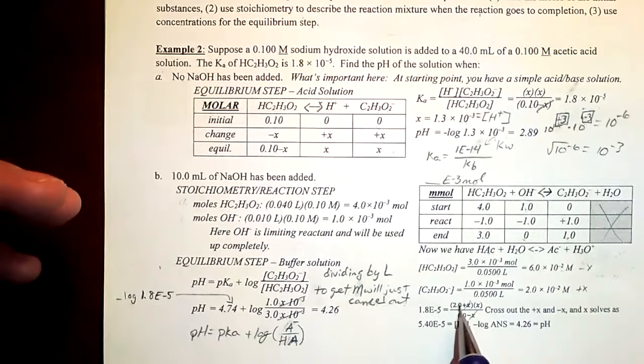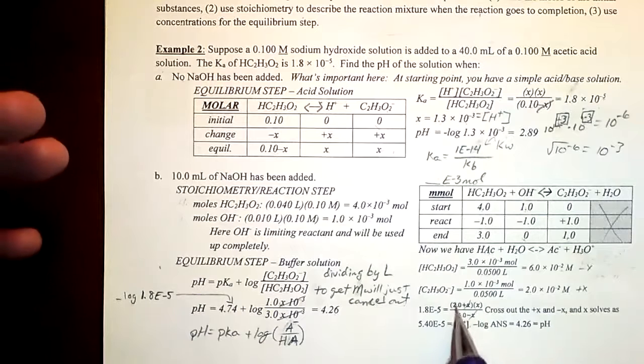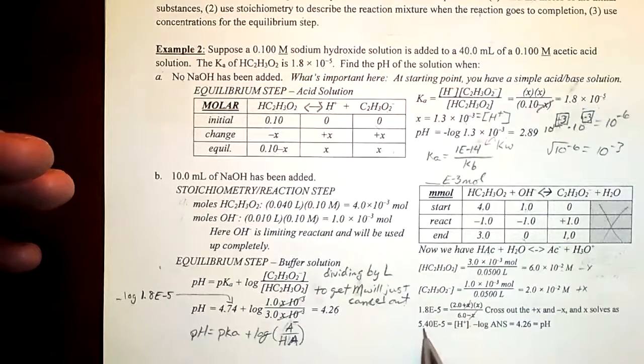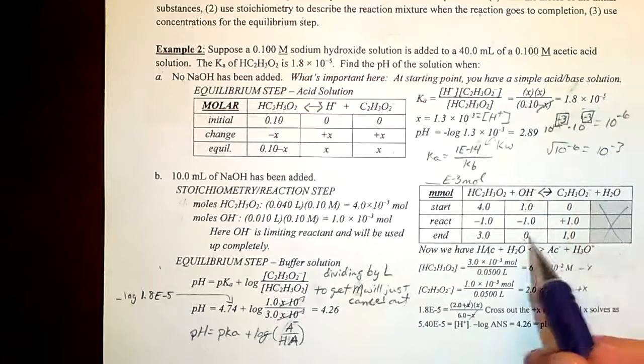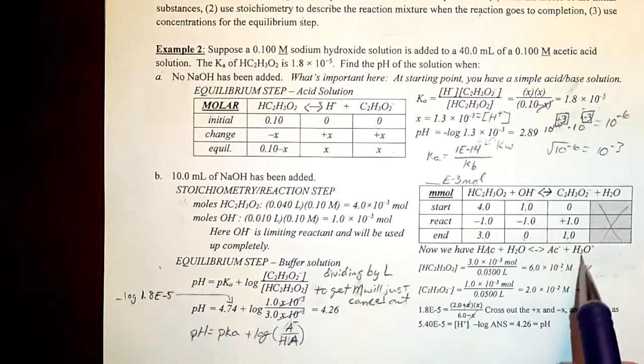So when I take this, it also reduces to 1/3, and when I divide by 1/3, I get this, and that is X, and X is H plus, or H3O plus, and negative log of that will give me pH. So you can do it either way.